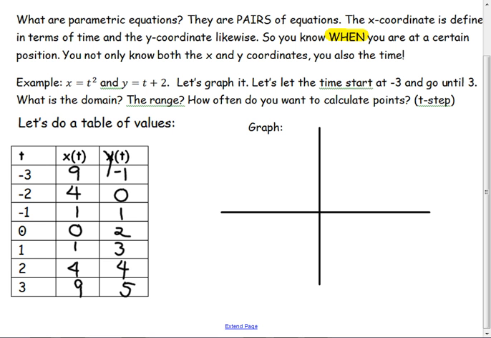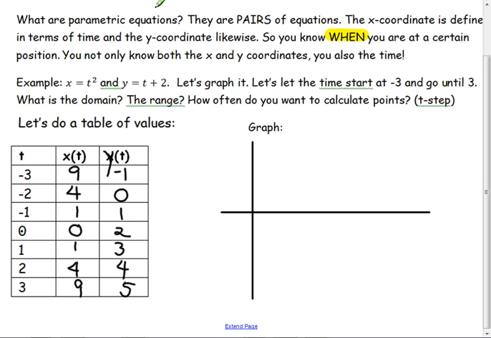So actually, I can slide my graph over a little bit, because the x's, are they ever going to be negative? No. And what's going to happen is we're going to get a picture, probably, of something that's not a function. You can actually go to parametric mode to graph relations that are not functions. You can do a circle, and that's really cool.